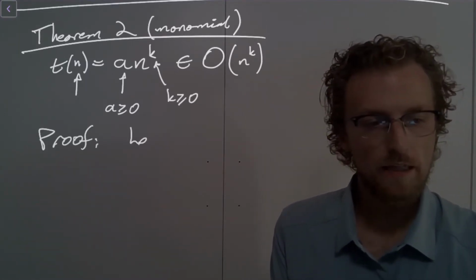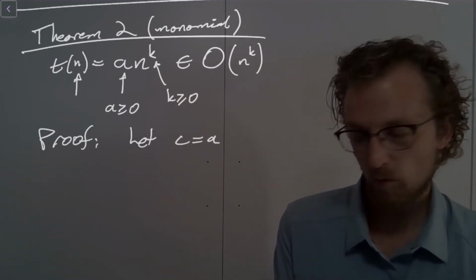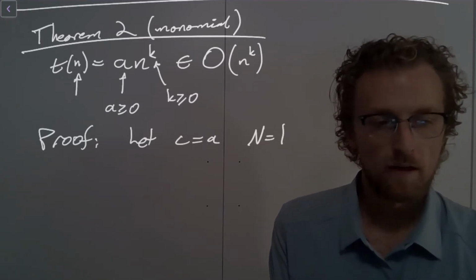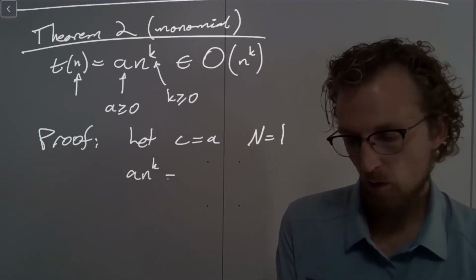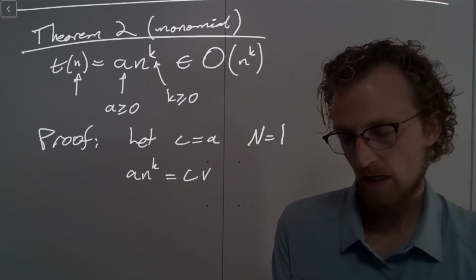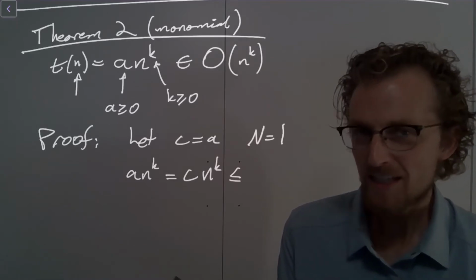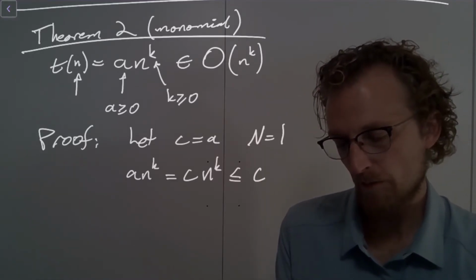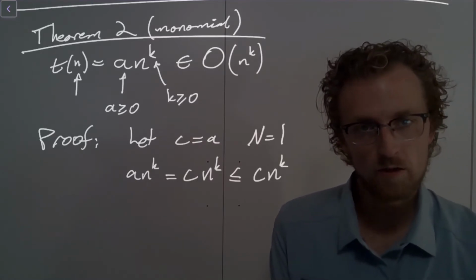So let's just let c equal a, and we'll let big N equal 1. And so what do we have? I've got a times n to the k equals c times n to the k, which is less than or equal to c times n to the k. So I'm just being silly in my exhaustiveness here.